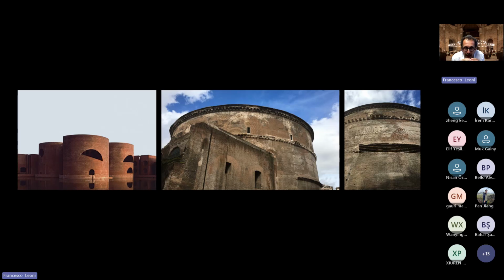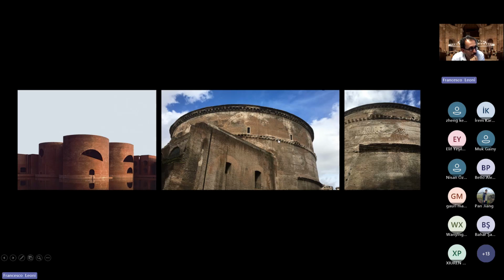Can you see how close those architectures are? A building from the 70s of the last century and a building from 2000 years ago, because Louis Kahn used the Pantheon in Rome as inspiration for designing the parliament in Dhaka.